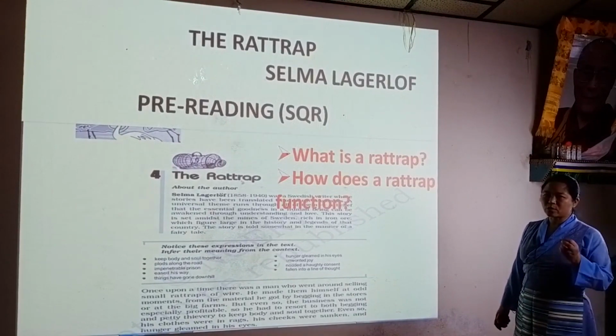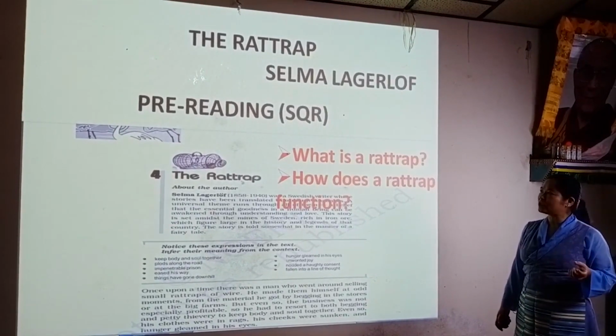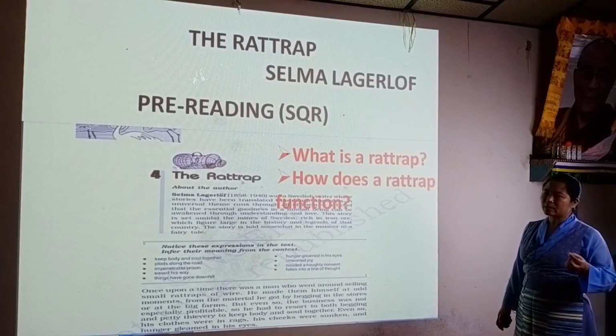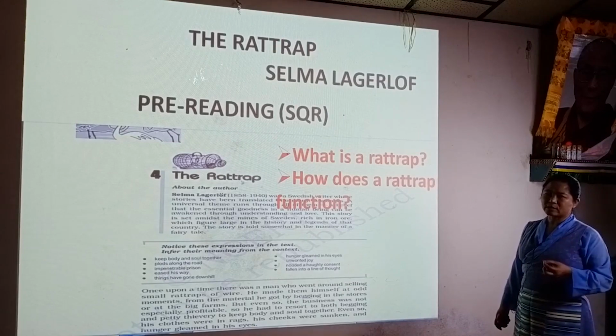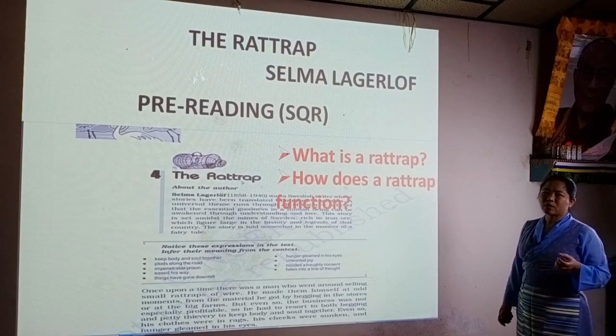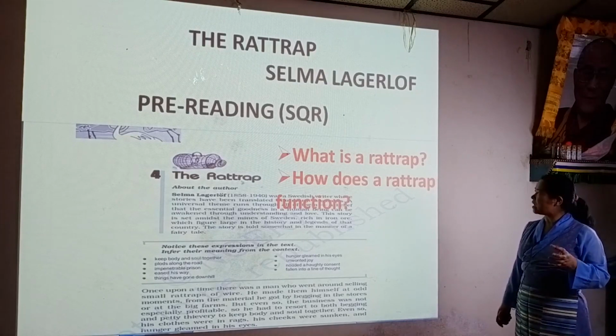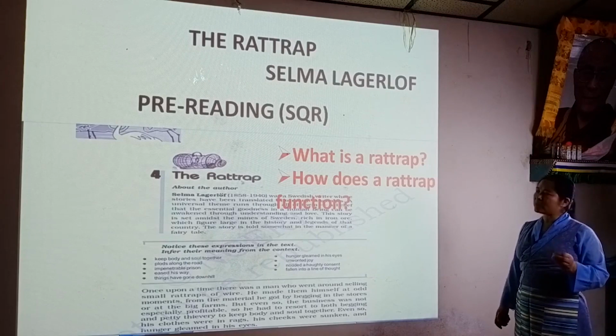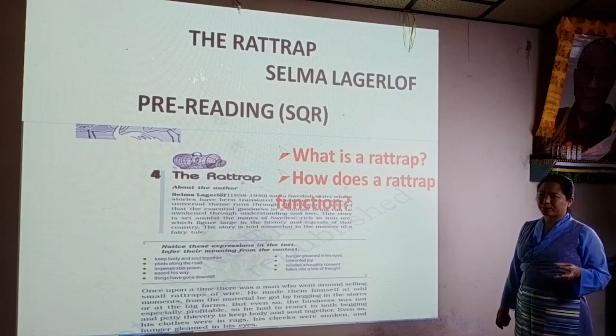We put a small piece of food like meat or cheese or bread inside, and there is a mechanism by which the door closes itself if the rat pulls that piece of food. That is how the rat trap functions, and that piece of food is called a bait.